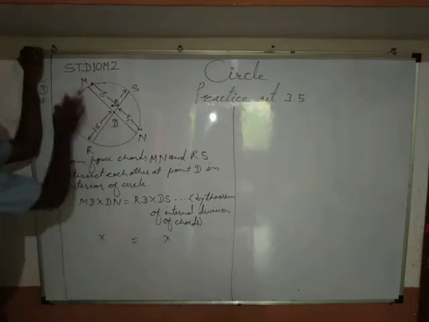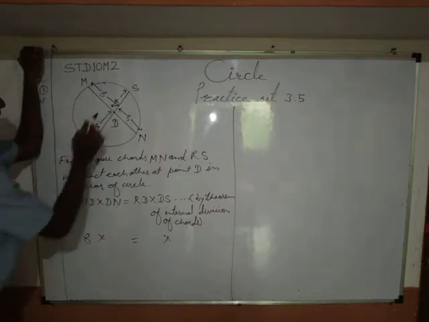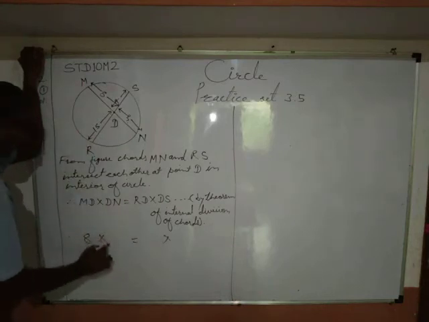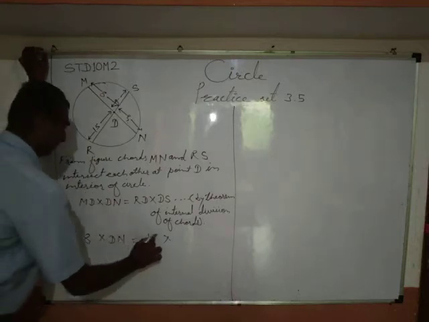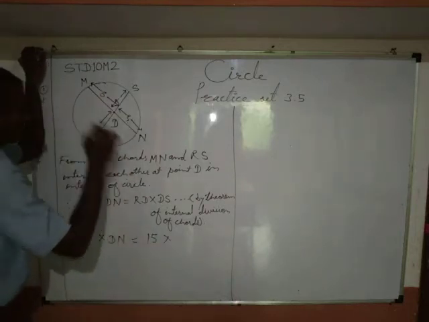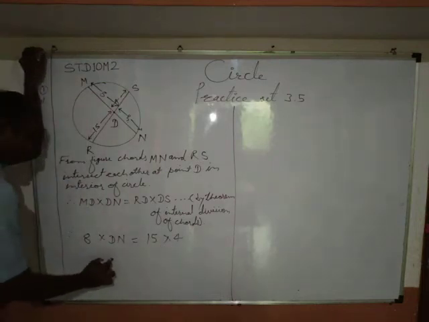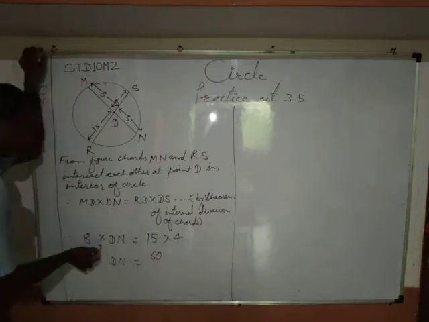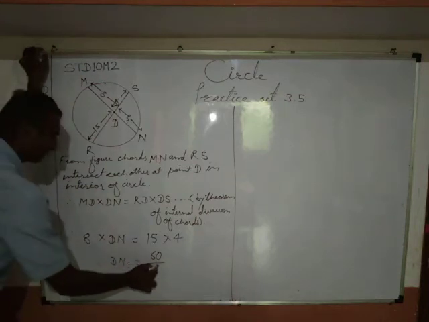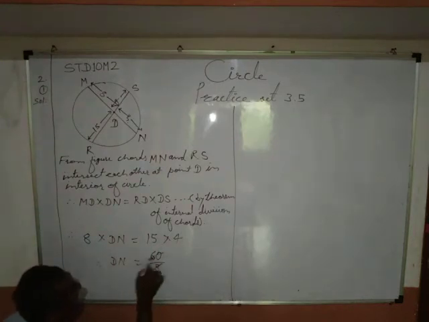Okay, MD, which is 8, MD means DM which is 8, DN means ND which we don't know, RD that is DR which is 15, DS means SD which is 4. Okay, and therefore DN equals 15 4s are 60 divided by 8. 8 1s are 8, 8 7s are 56, remainder will be 4.